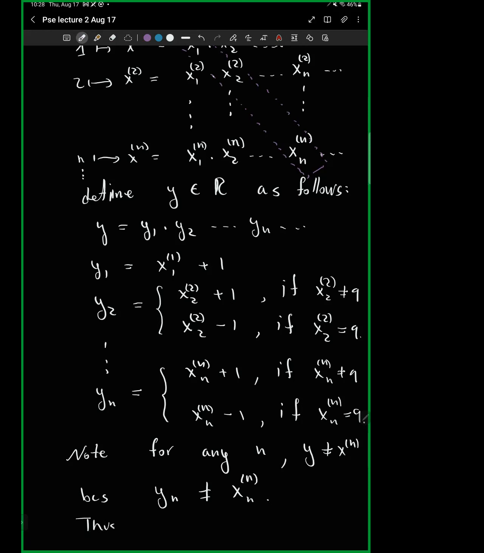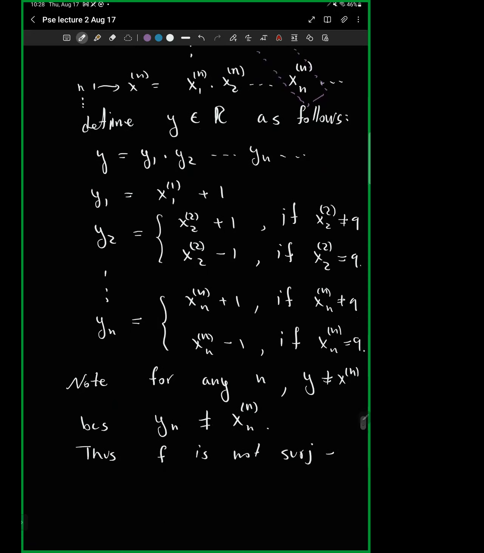Thus, f is not surjective. And that's a contradiction. Any questions about the proof?